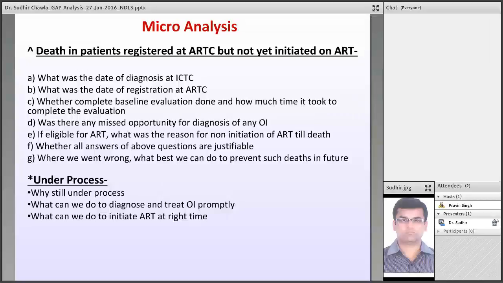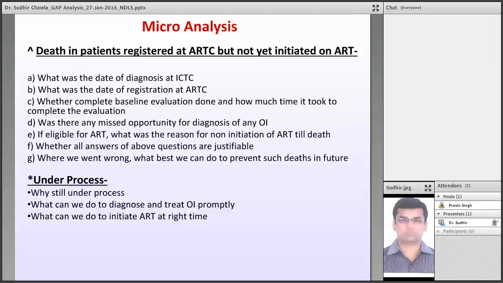Then comes transfer out. Ideally, no patient should be transferred out in the pre-ART phase. Specifically, if they are eligible for ART, ART can be started before transferring out. If these patients are transferred out, we have to look into why and where they were transferred out. It may be that the patient was referred to you from Indore, and at the time of discharge, the patient did not turn up at the ART center, went to the native place and did not turn up.